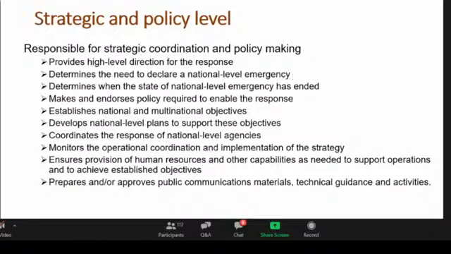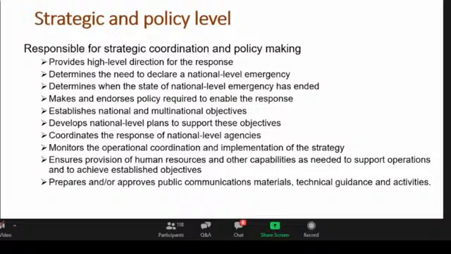And also develop national level plans to support objectives, and coordinate the response of national level agencies from different ministries and the partners. Monitor the operational coordination and the implementation of the strategy.